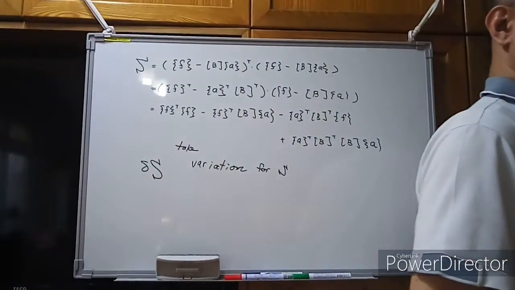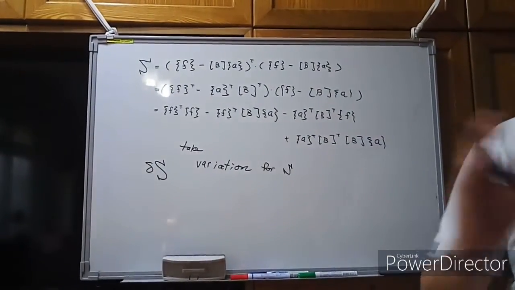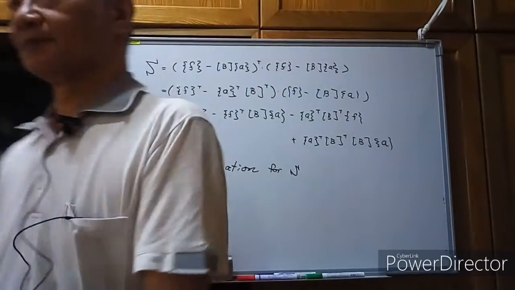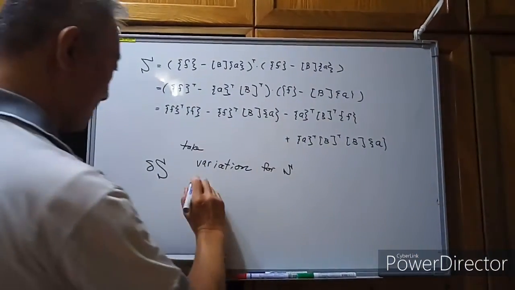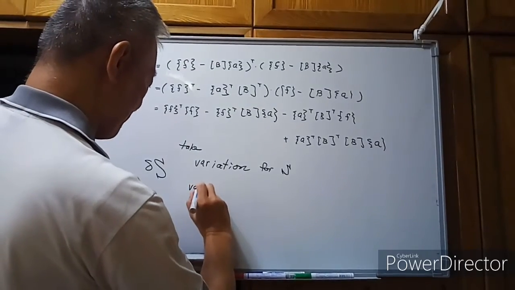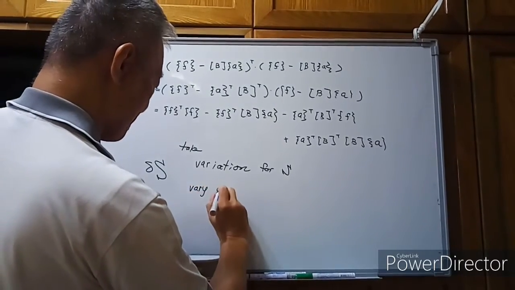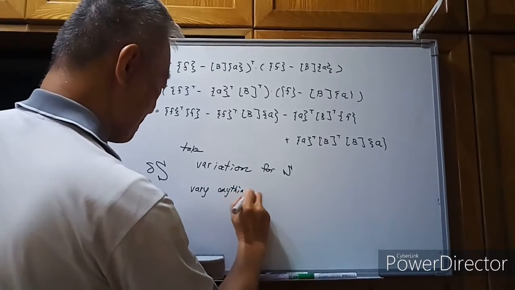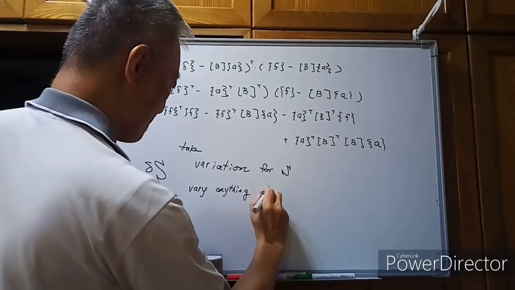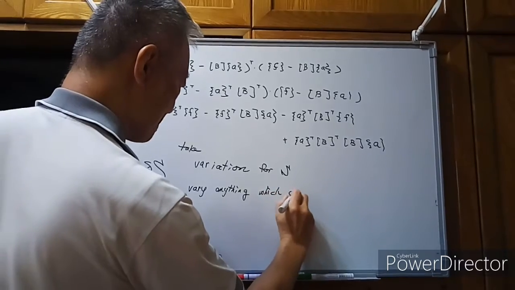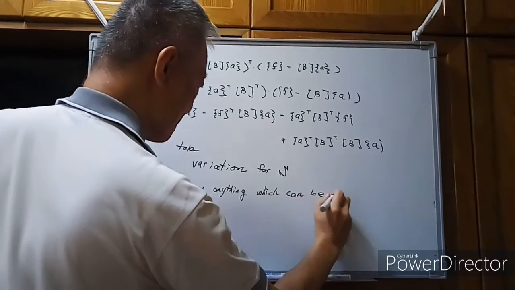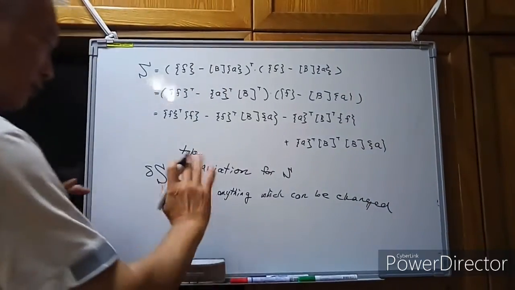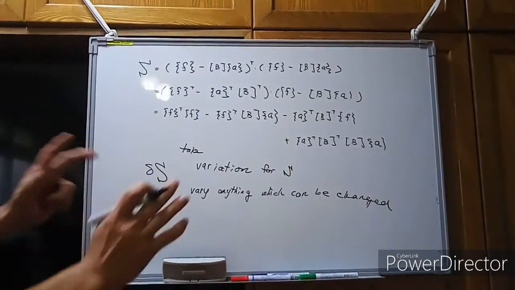Okay, how do we make a variation of the capital S? First, the variation means that we will vary anything which can be varied. Okay, we will make a small variation.